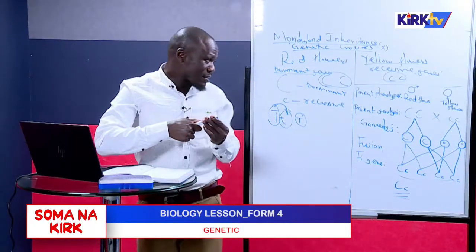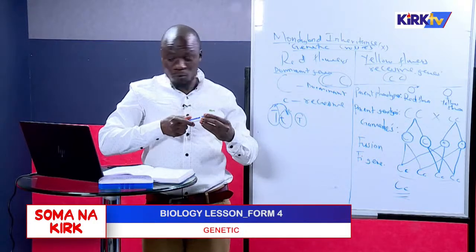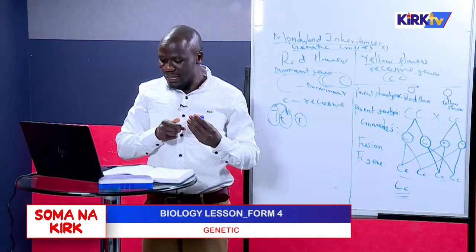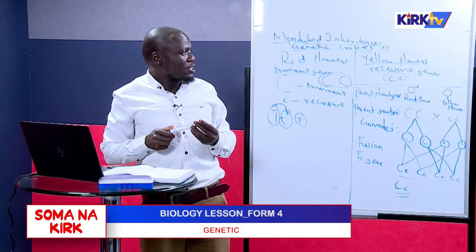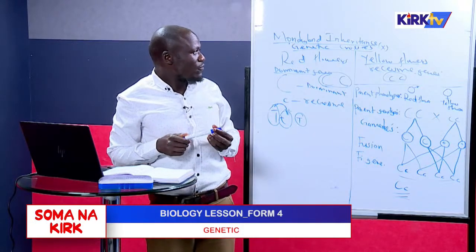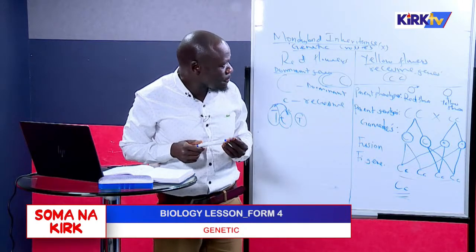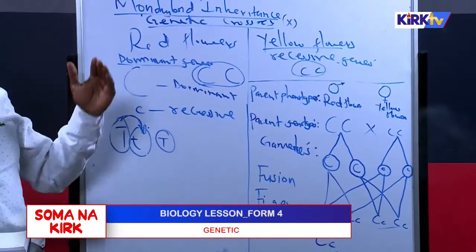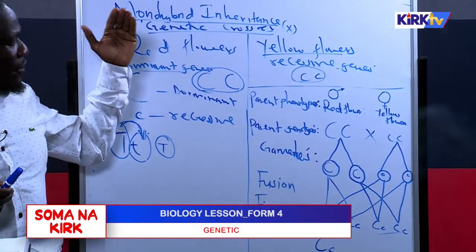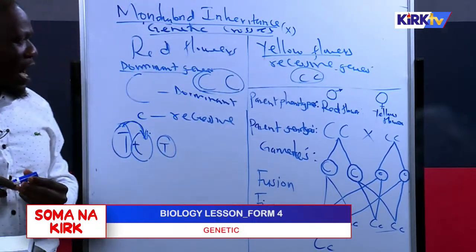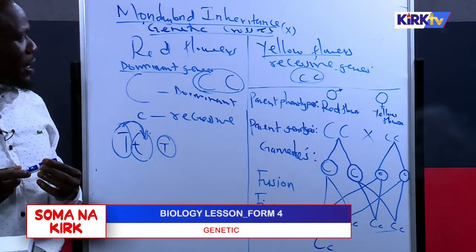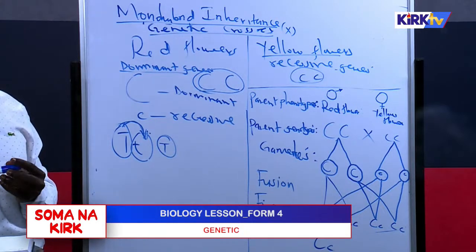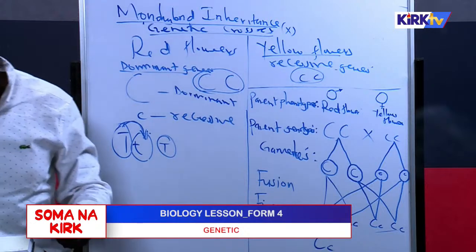I've just given the first scenario, and from whatever I've done, I think we are able to achieve our three objectives. We were to define what is monohybrid inheritance, differentiate between phenotype and genotype, and represent the genetic crosses. I've given one example of the genetic crosses.